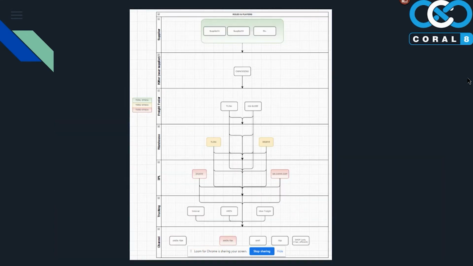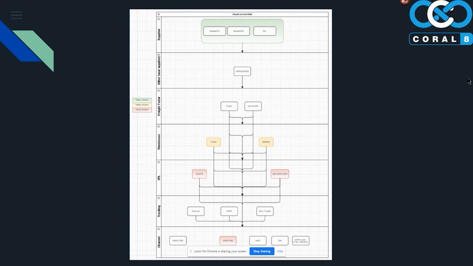Not so the colors don't have a 1-to-1 match to the colors here, but there is some relationship connection to this diagram where we talk about who are our suppliers, who are our kitters, who are our freight forwarders, who are our warehouses, who's our 3PL, who are our trucking partners, and finally, where are our sales channels.